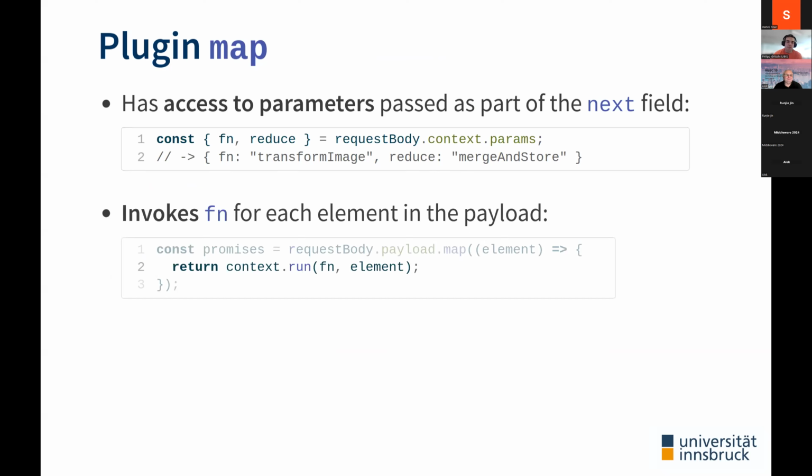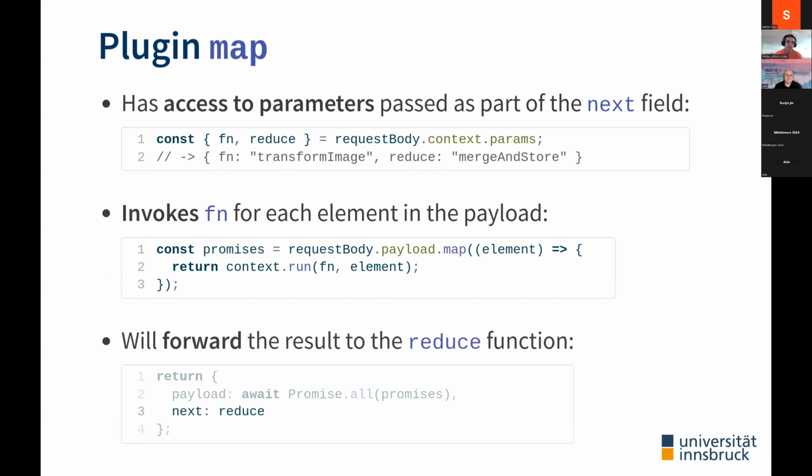Our demo implementation now invokes the function for each element in the payload and afterwards forwards the result to the reduce function. Using that approach, developers can create custom control flow elements, giving them advanced possibilities to design their workflow and perform optimization, such as tree-based merges in this example.